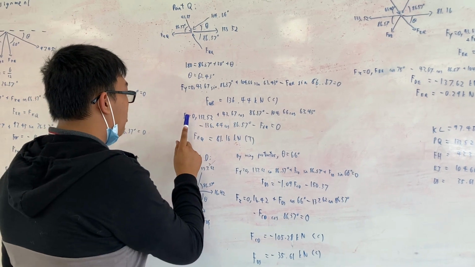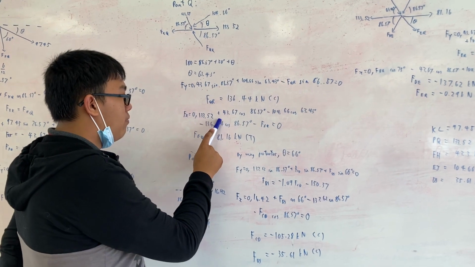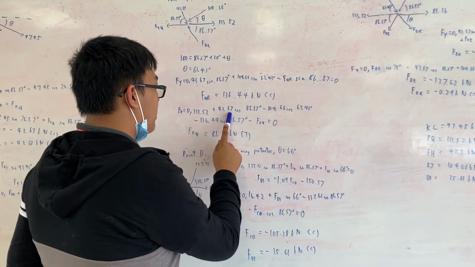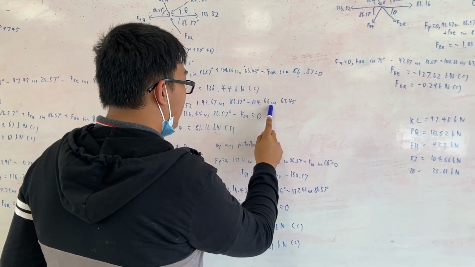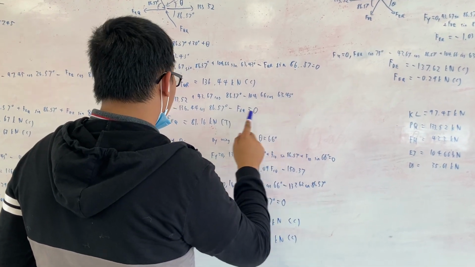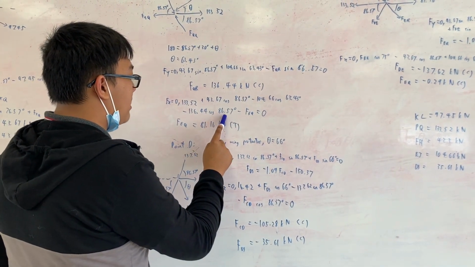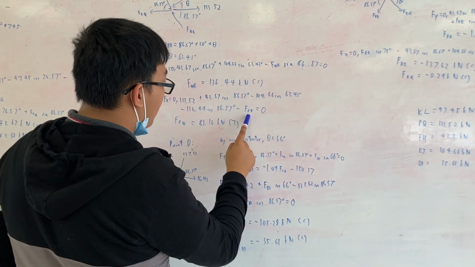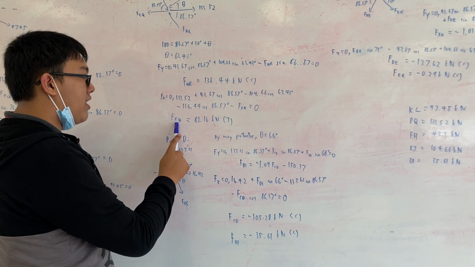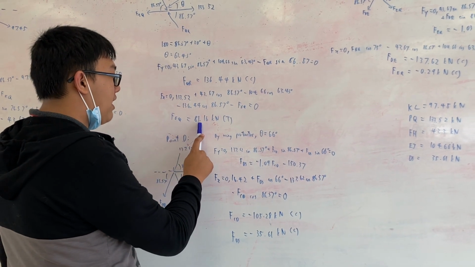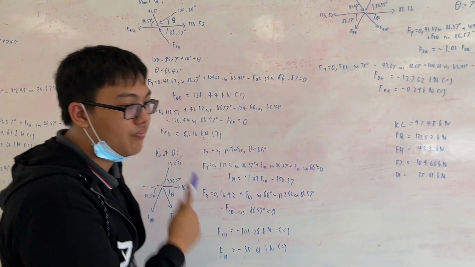And then we can use it to find Fx, which is 133.52 plus 43.67 cos 86.57 minus 104.66 cos 63.43 minus 136.44 cos 86.57 degree minus FEQ equals to 0. Now you can determine that FEQ is equal to 81.16 kilonewtons, which is a tensile force in the diagram.